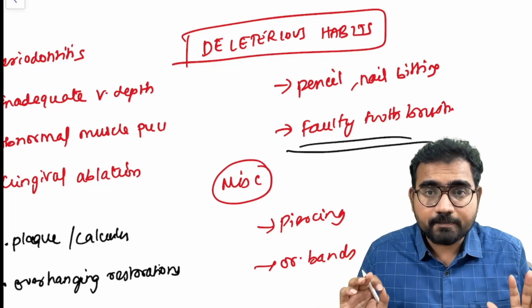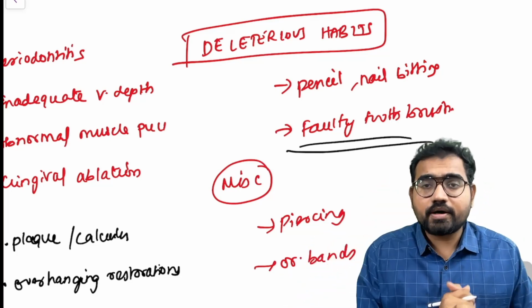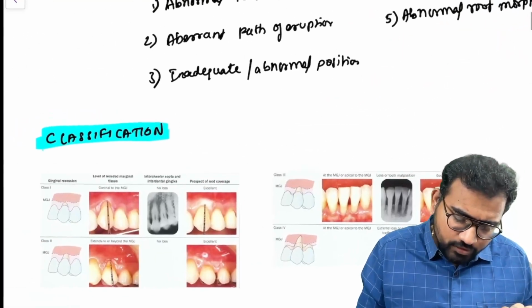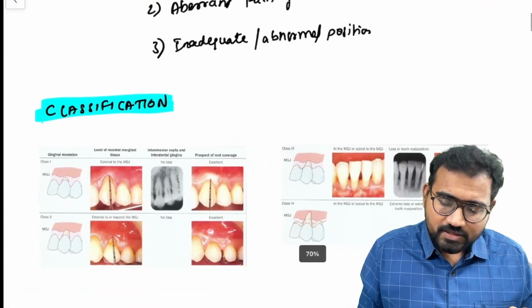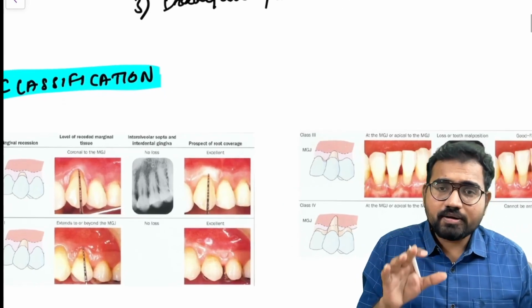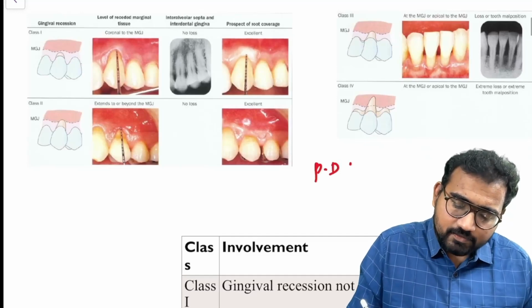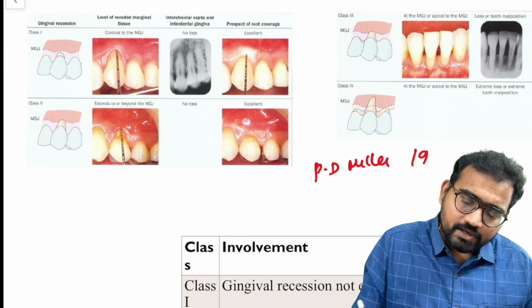No, you cannot say that. You should know exactly the cause and then treat them. Now moving on to the classification. This is the most commonly used classification, which was given by P.D. Miller in 1985.